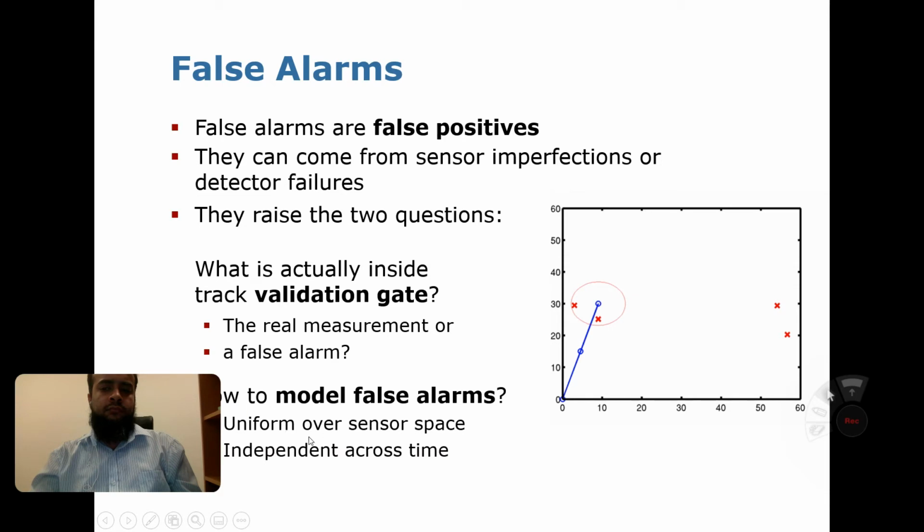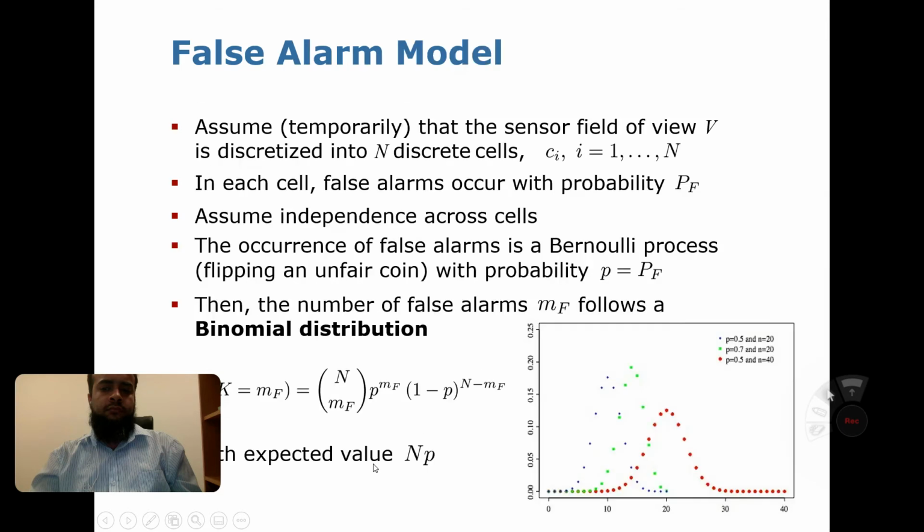They are uniform over the sensor space, and independent across time. Assume temporarily that the sensor field of view, or the surveillance area V, is discretized into n discrete cells, 1 to n.